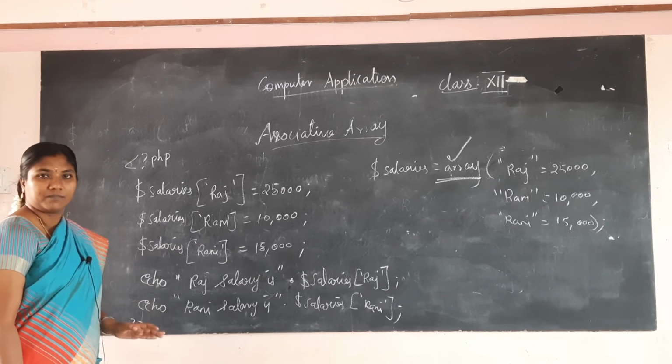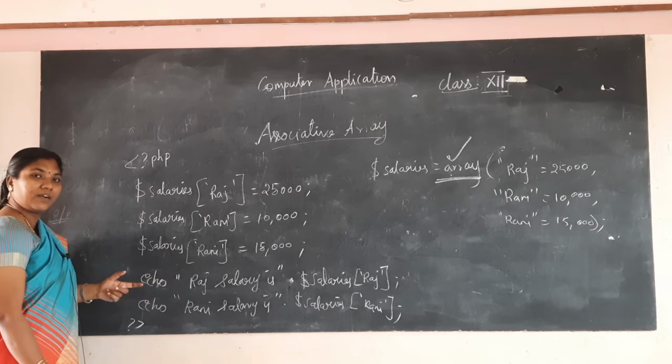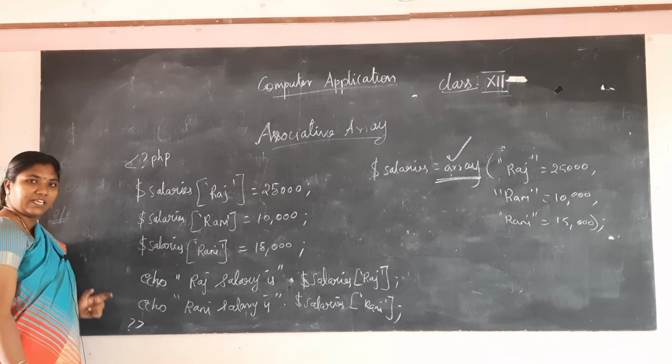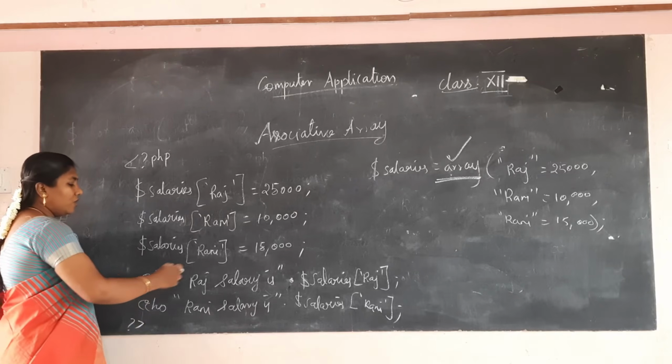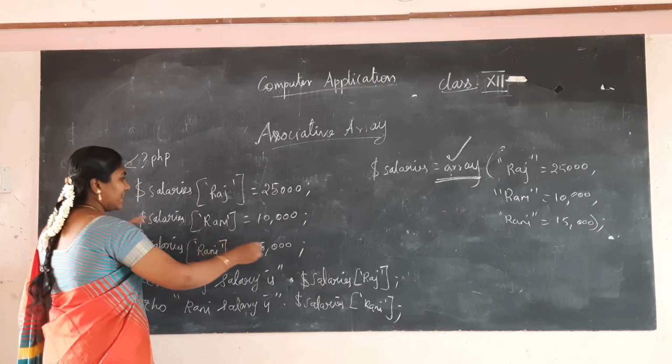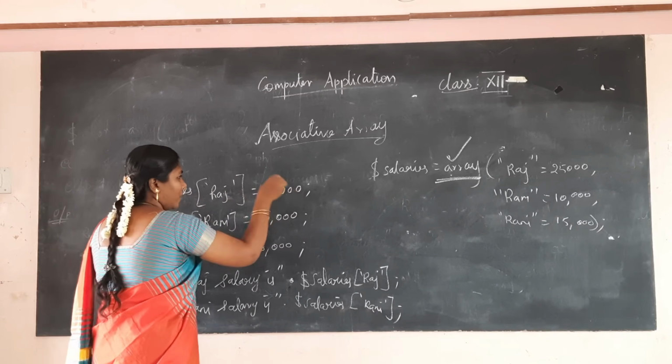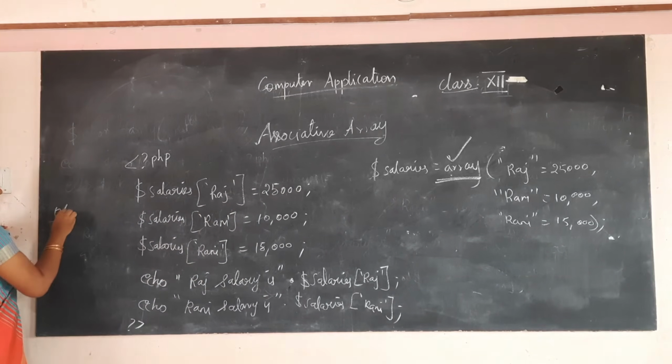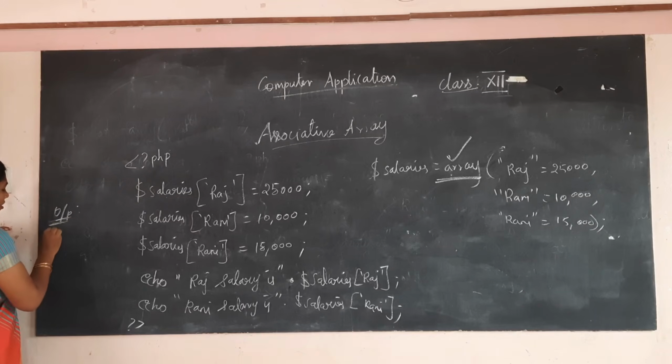After creating it this way, when you print, if you give the same print statement, how will it print? Echo Raj salary is, dot, dollar salaries of Raj, and you will get the same output that is against Raj, only that. Okay, so what will be the output?